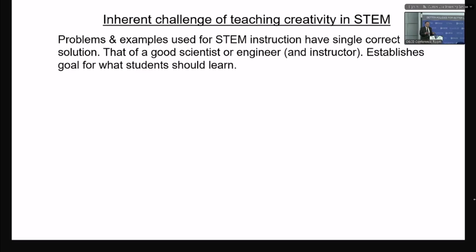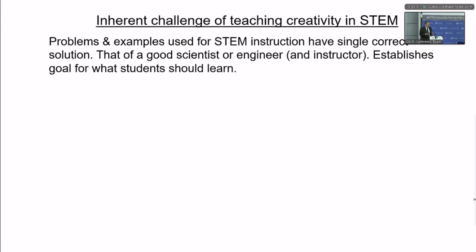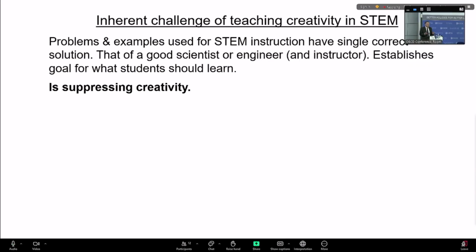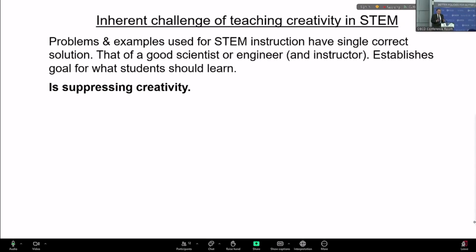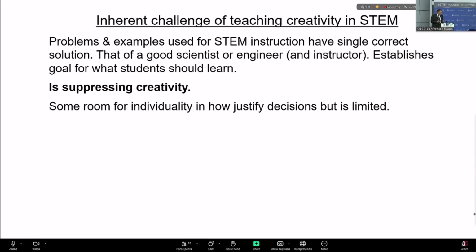A good scientist or engineer thinks about how to solve that problem and what the instructor is looking for. And this really establishes the goals for what students are to learn. But if you think about what this is doing to creativity, it's really suppressing creativity because it's encouraging students to think the way other people are already thinking as opposed to thinking in novel ways on their own.